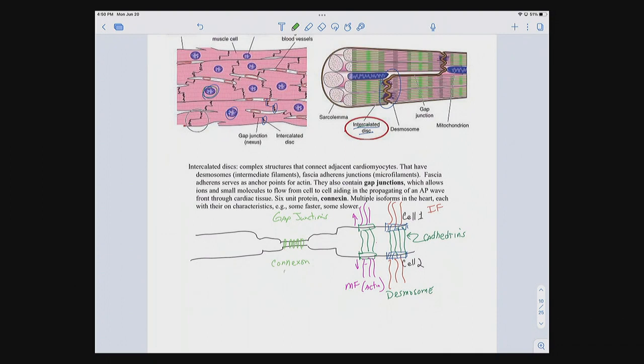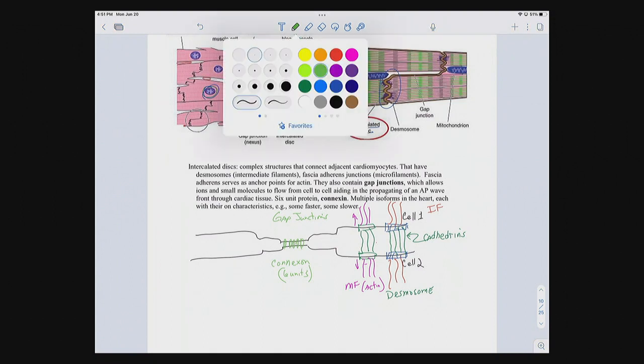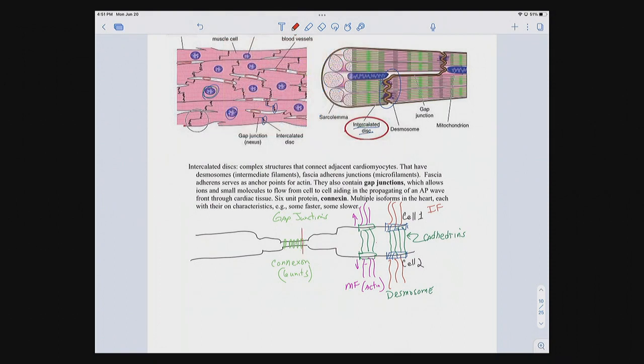And they're made of 6 units. And their characteristic is that they're voltage sensitive, and so given the appropriate voltage potential, they can open and close. When they're open, of course, creating a channel, which then allows ions and small molecules to go from one cell to another cell.